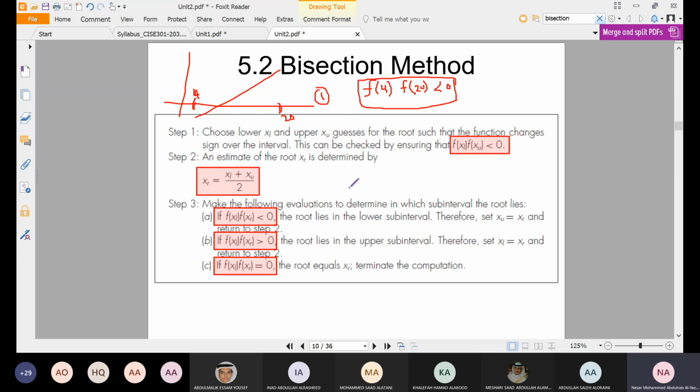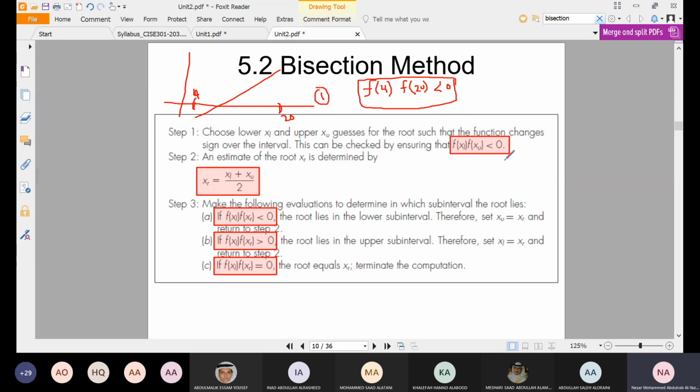After that, we estimate the location of the root by computing the midpoint between these two limits. So we reduce the interval by half. In each step, or each iteration, we reduce the interval by half.